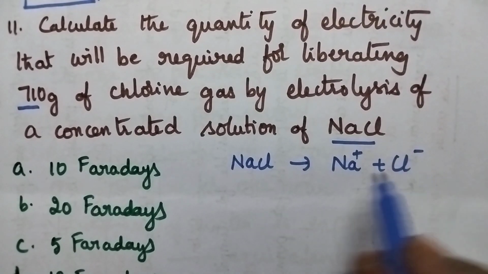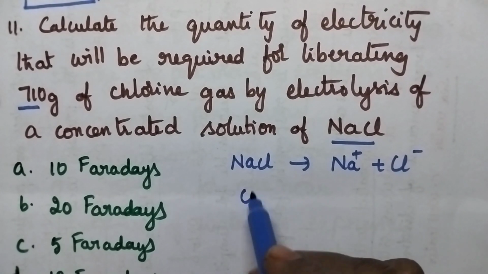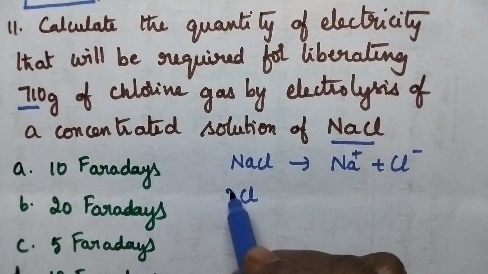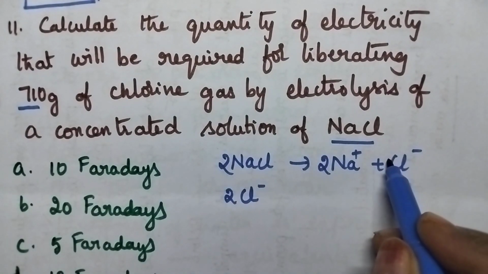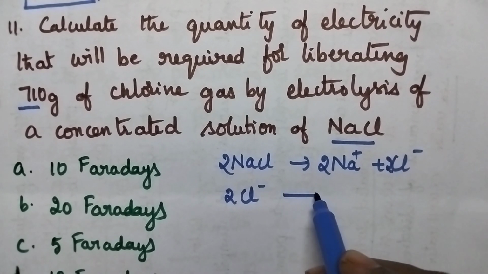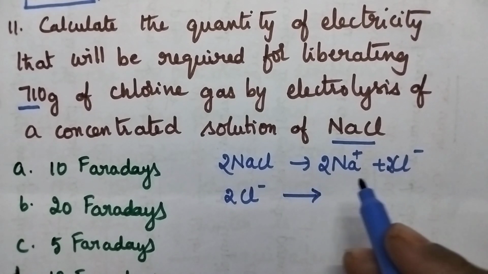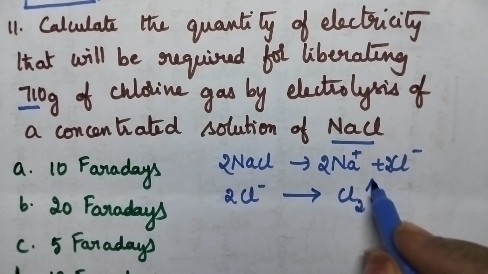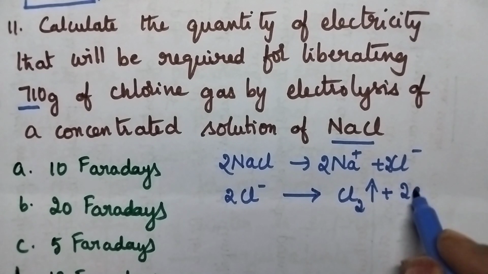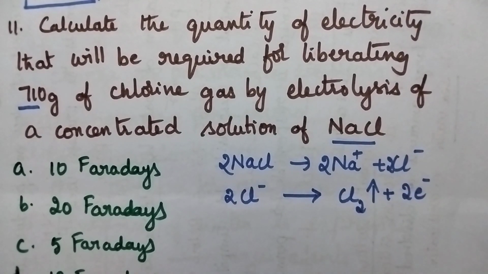So at the anode, 2 Cl- ions undergo oxidation and result in the formation of chlorine gas with the liberation of 2 electrons.